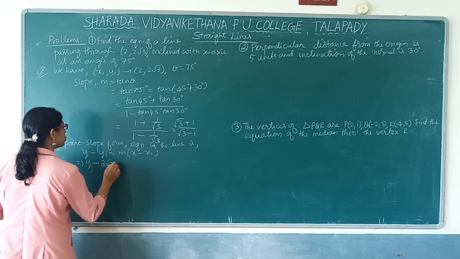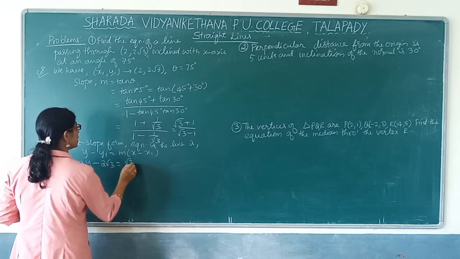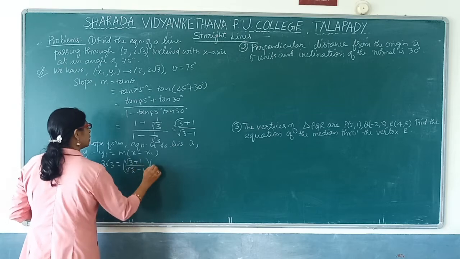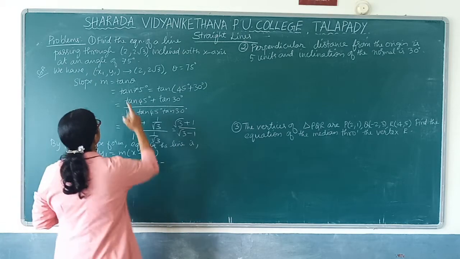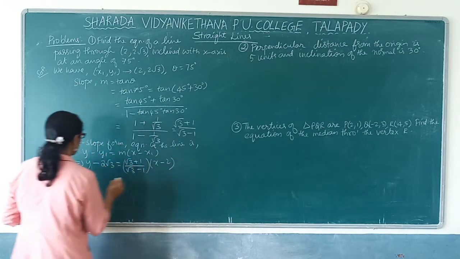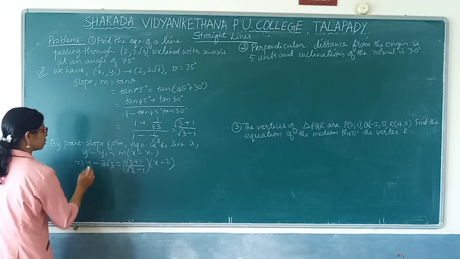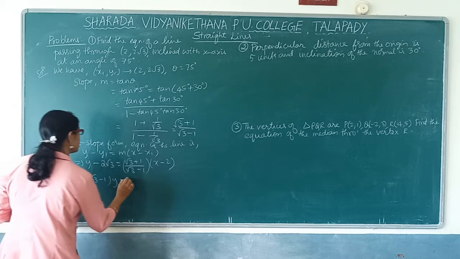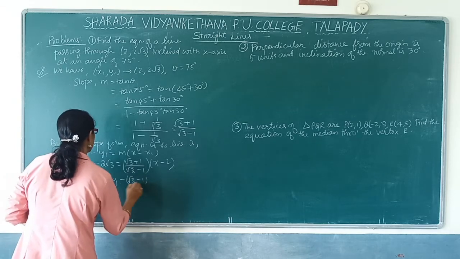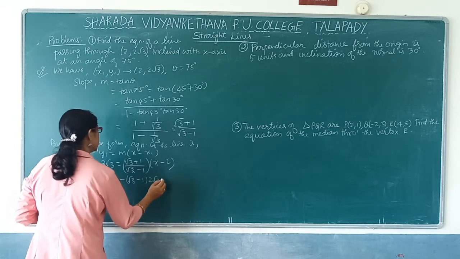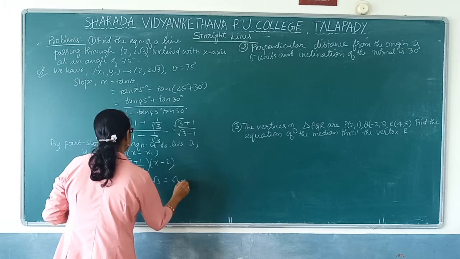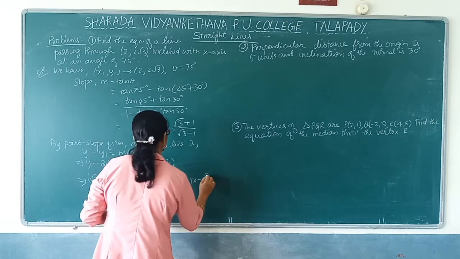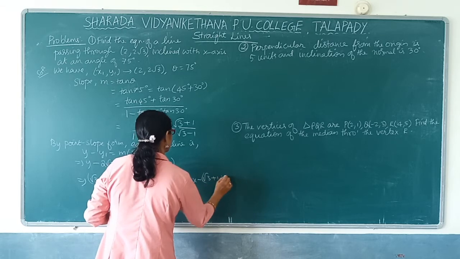So y minus 2 root 3 is equal to m, that is, root 3 plus 1 by root 3 minus 1, of x minus x1. x1 is 2. Now cross multiply. Root 3 minus 1 of y minus root 3 minus 1 of 2 root 3 is equal to root 3 plus 1 of x minus root 3 plus 1 of 2.